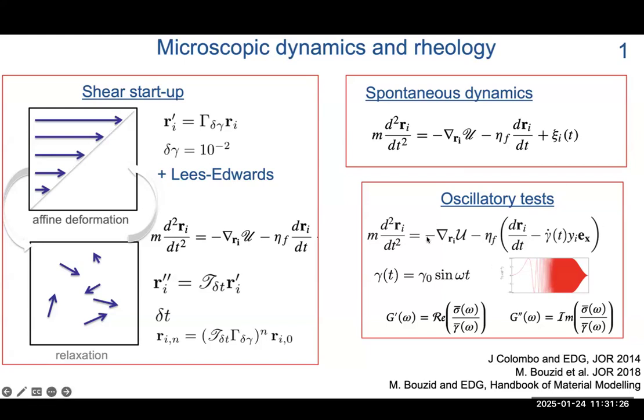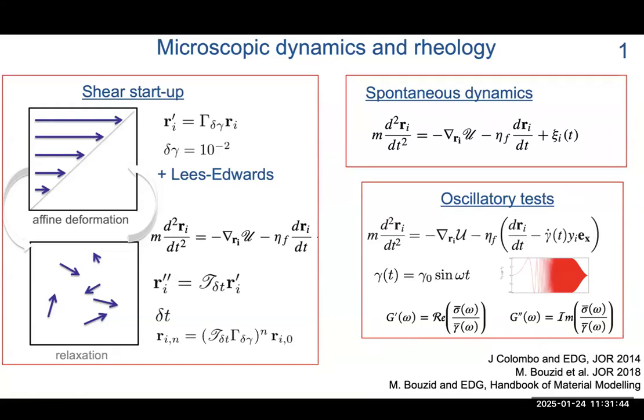That is this equation here, but it is a compromise that has to be reached with the forces between the particles, and this allows me to compute stresses and moduli, computing Fourier transforms and so on.